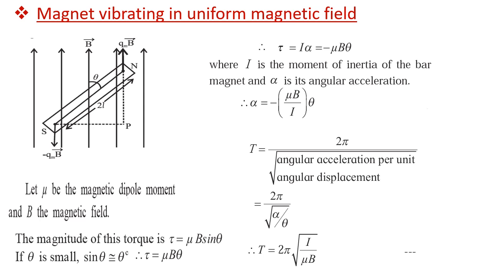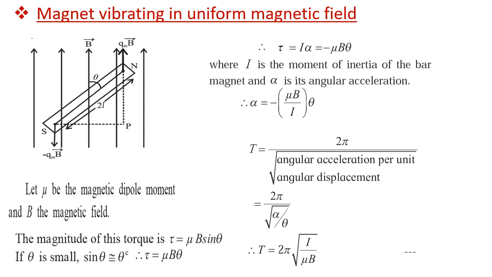Now if a bar magnet is freely suspended in a plane of uniform magnetic field, then it remains in equilibrium with its axis parallel to the direction of the field.